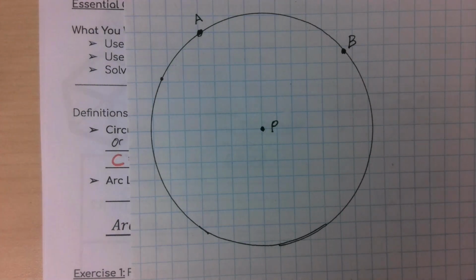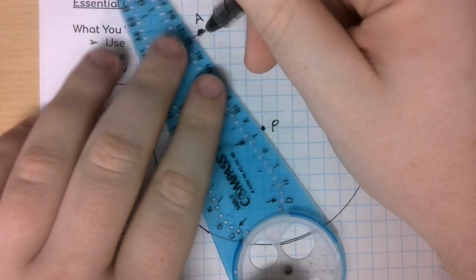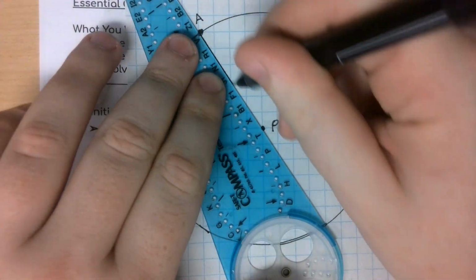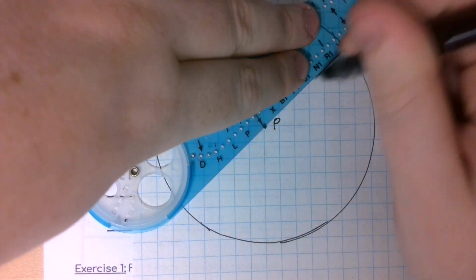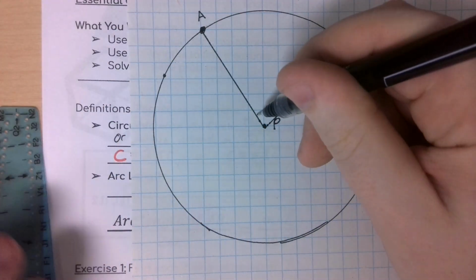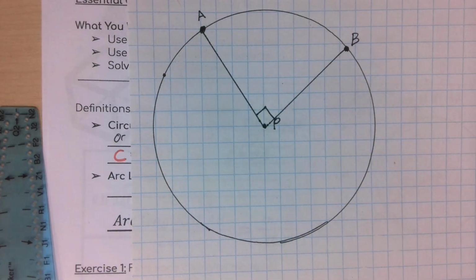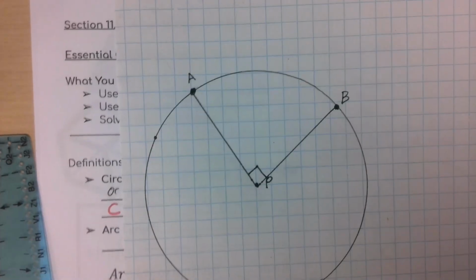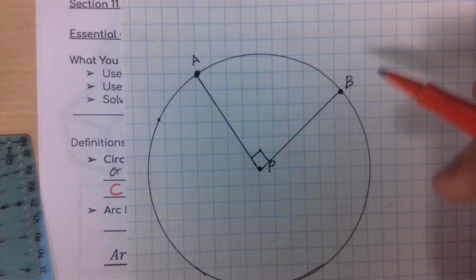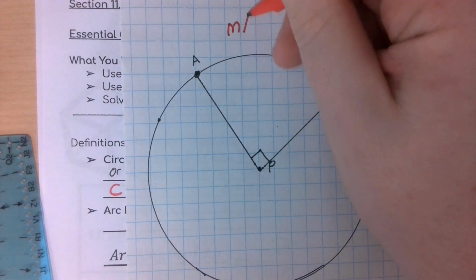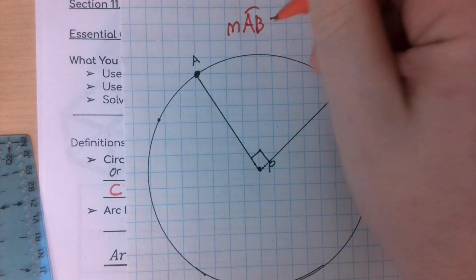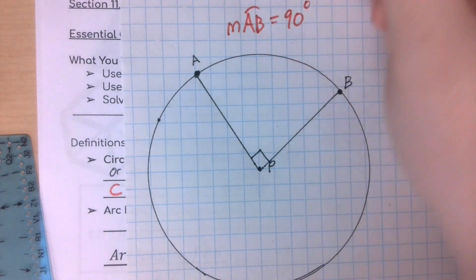I've specifically made this arc so that when I connect it up with radii, let's look at the central angle it makes. It makes a right angle. So we now know the measure of this arc, because the measure of an arc matches the central angle. The measure of AB is 90 degrees.